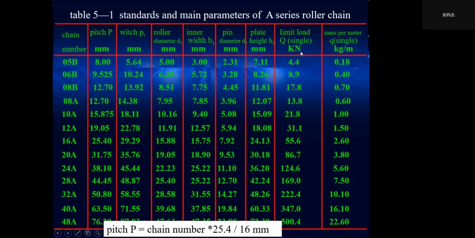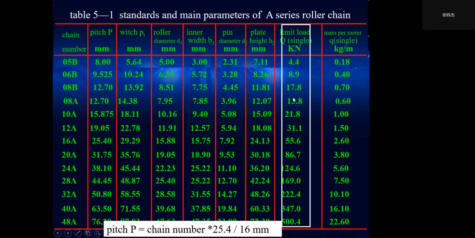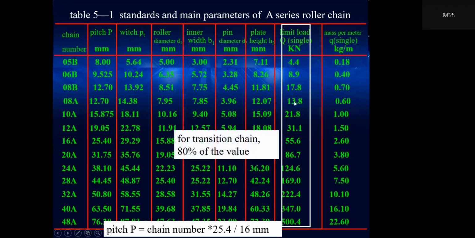And this is the limit load for a single strand chain. But for a transmission chain, the limit load is 80% of the value.